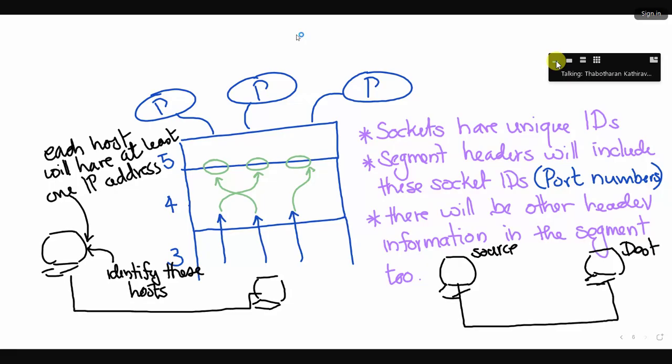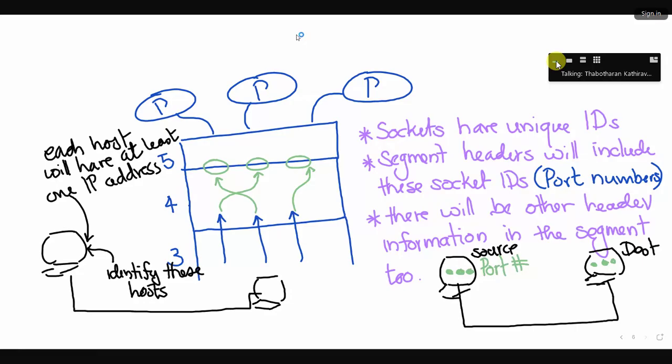So we just saw in our previous diagrams that there will be a couple of sockets here, and there may be a couple of sockets in this machine also. Since this is the source, it is called the source socket number or source port number.